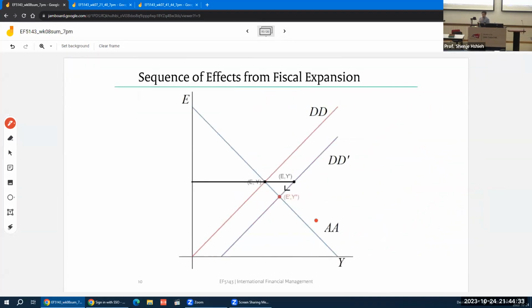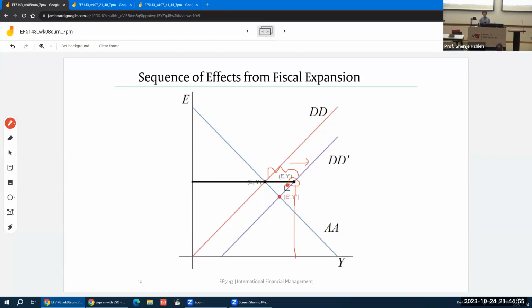So what does that look like? It looks like this. You have the DD curve shifting to the right because of government spending or tax cuts. That's this shape here, but you don't get the full realization here because your currency has to get stronger. So this given output level is unacceptable because it's not on the AA curve.